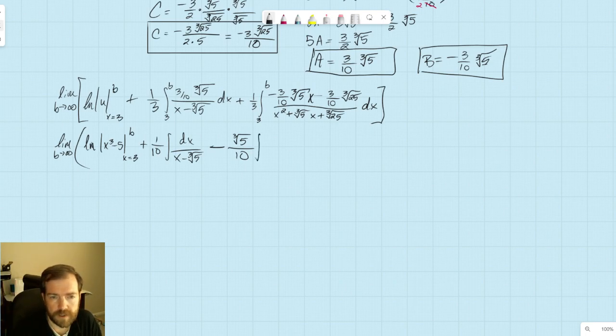All right, then taking the integral from 3 to b of the entire first term is now just x minus 3/10 and one of those we factored out, so that's now going to be a cube root of 5. Okay, interesting. Over x squared plus cube root of 5 times x plus cube root 25 dx.